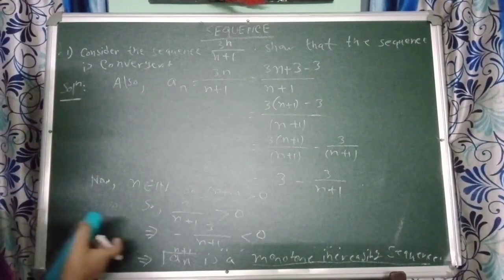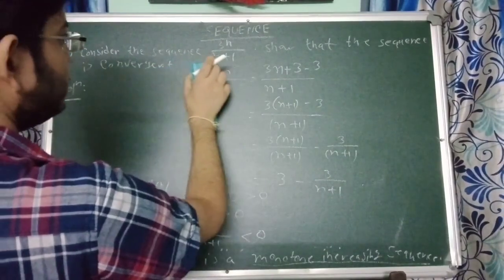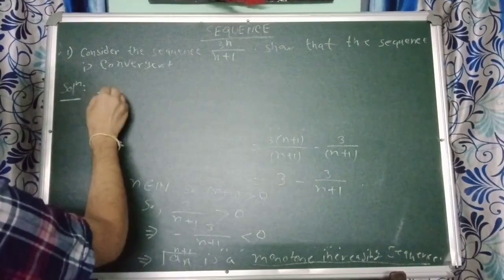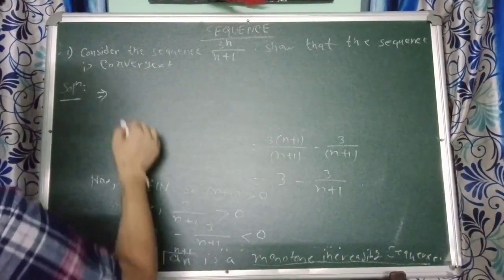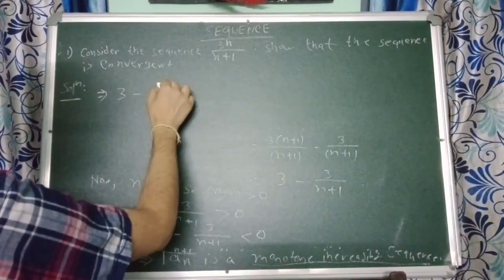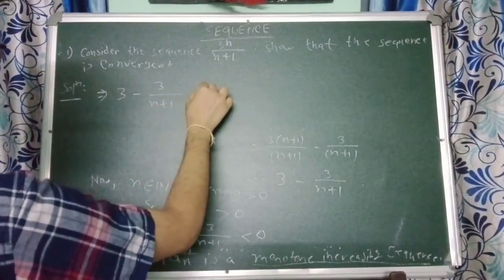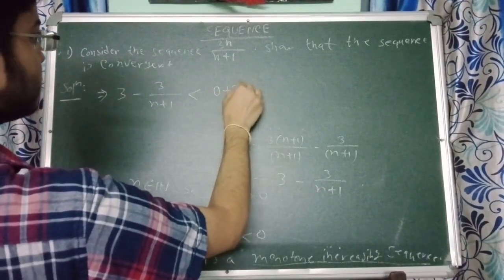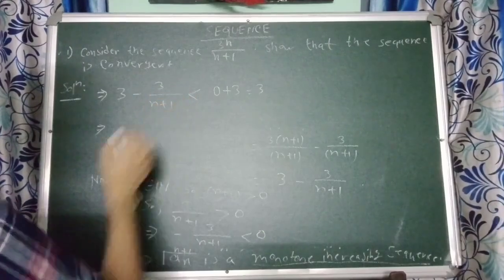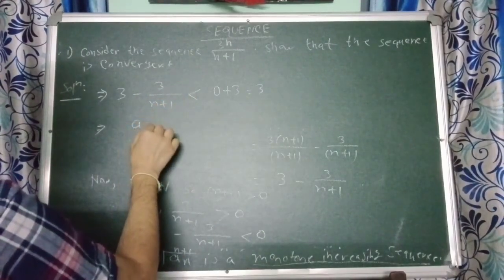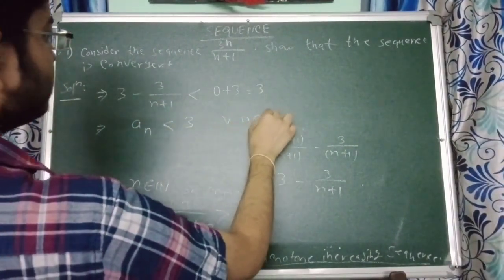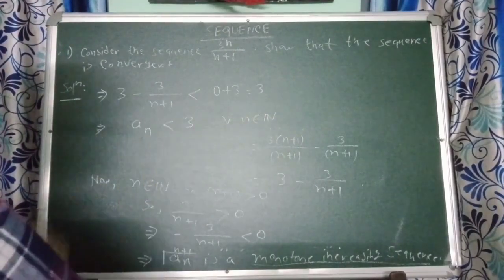That is, if we add 3 to both sides, 3 minus 3 divided by n plus 1 is less than 0 plus 3, which is 3. We already saw that this expression is a_n, which is less than 3. So for all n belonging to natural numbers, a_n is less than 3.